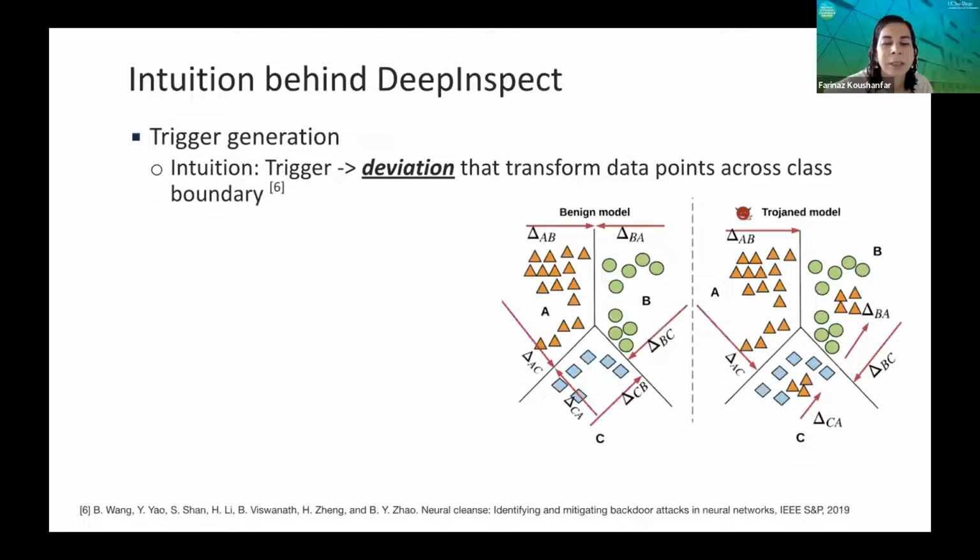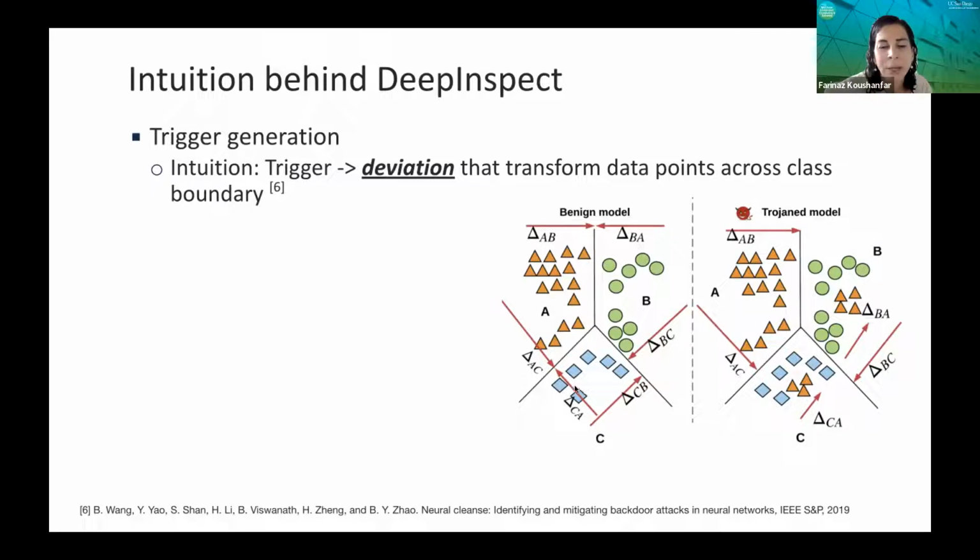So for trigger generation, the intuition is that these are deviations that transform data points across the data or class boundaries. Here's a layman example. We have three classes: the circles, the triangles, and the diamonds.